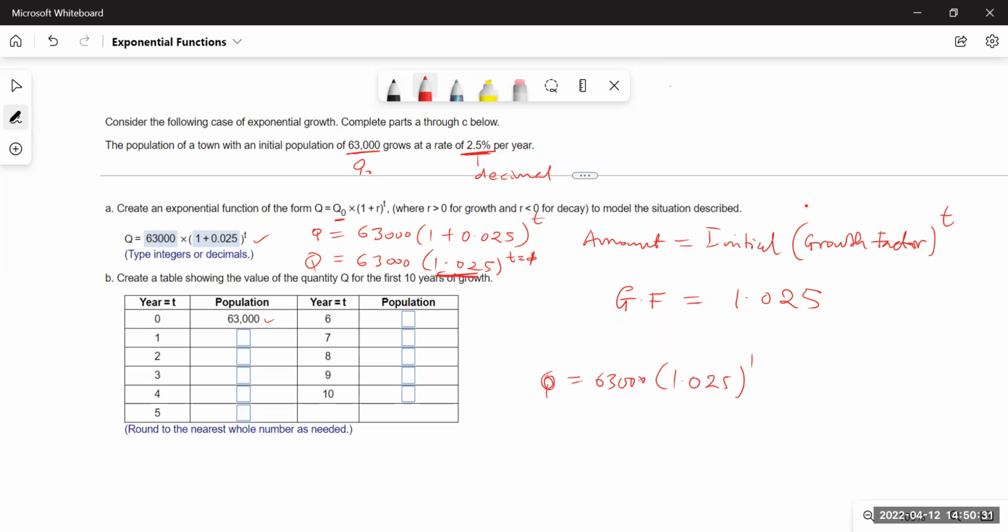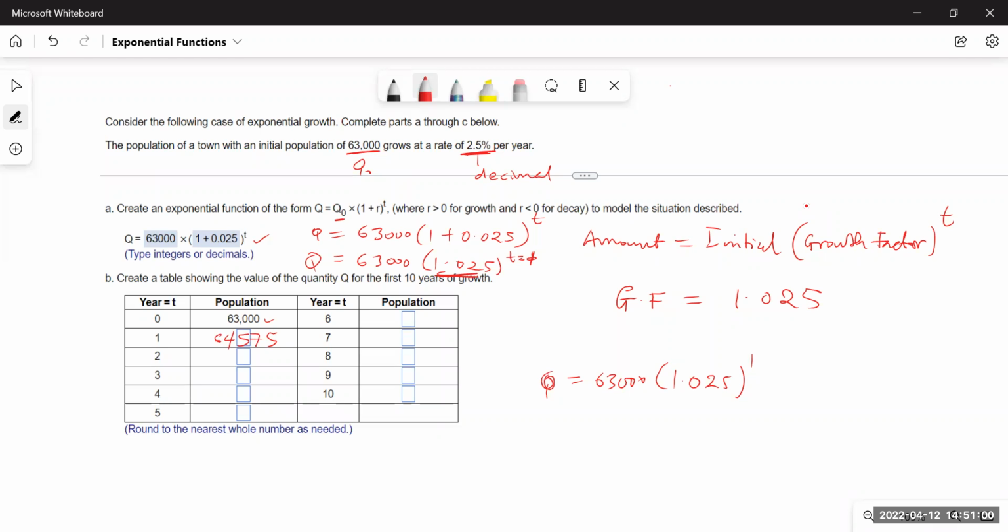And what do you get for that? 63,000 times 1.025 should give you 64,575.